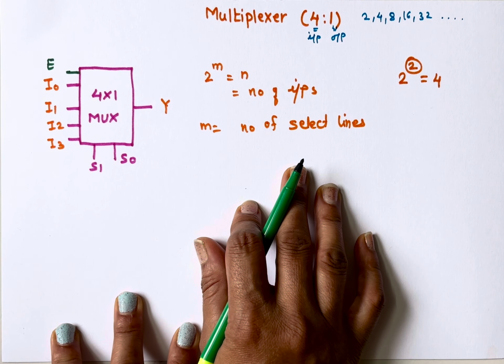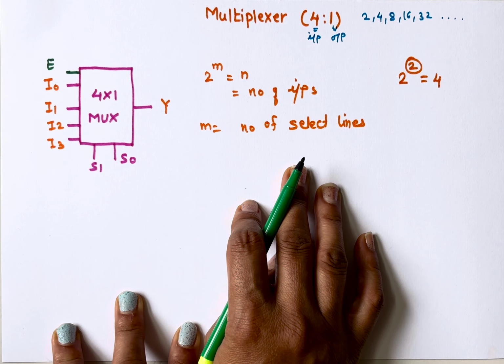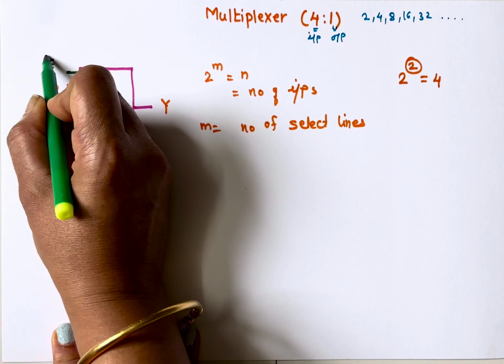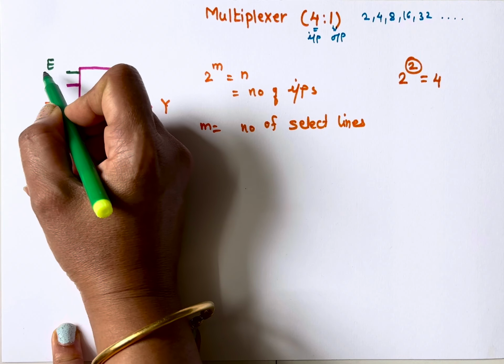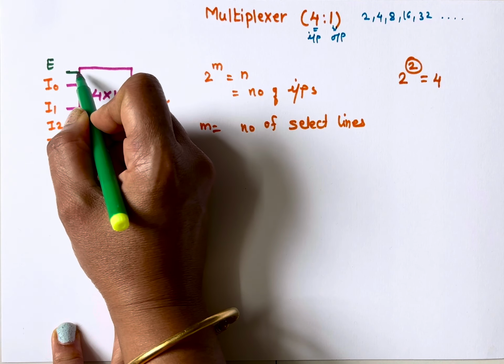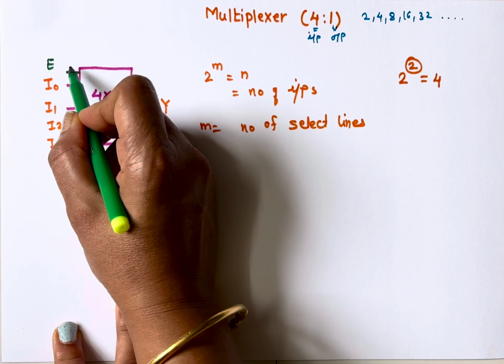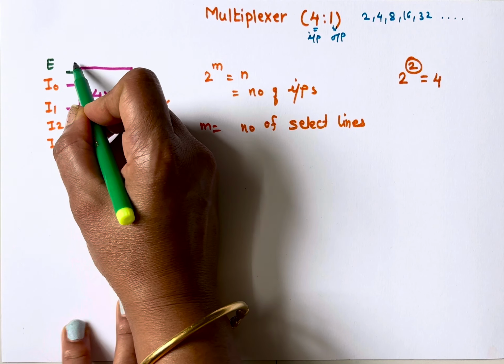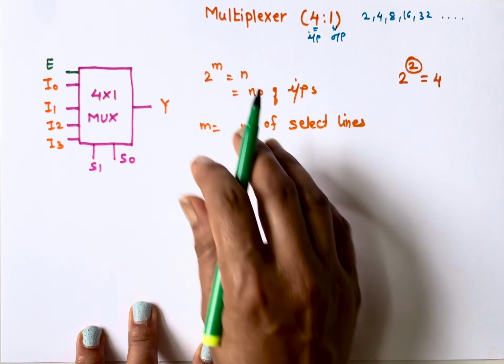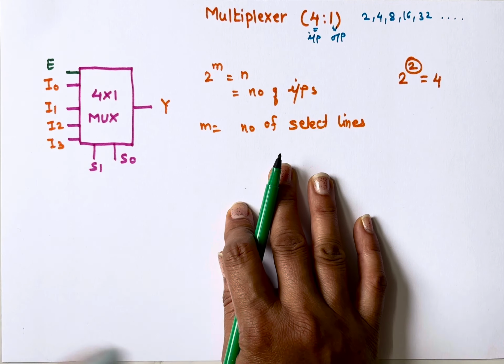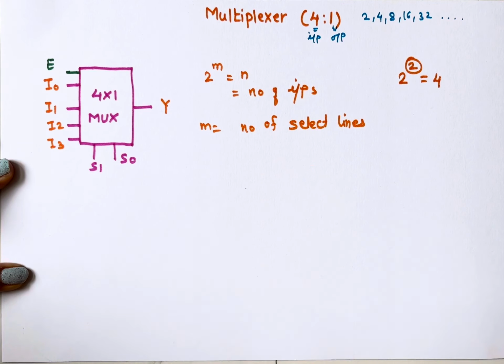Sometimes enable is active low, sometimes it is active high. Active low is represented with E bar, and it means that only when this pin receives 0, my MUX will turn on. Active high is when this pin is connected to VCC or receives 1, and only then my MUX will turn on.